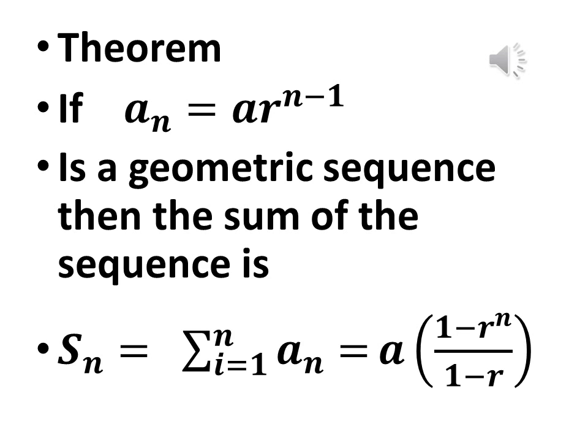A is the first term, and r is the fixed ratio between each two terms. We can discuss the case where r is less than 1 later, in the next lecture. But here r is more than 1. So a times 1 minus r to the power n over 1 minus r is the sum of the geometric series.